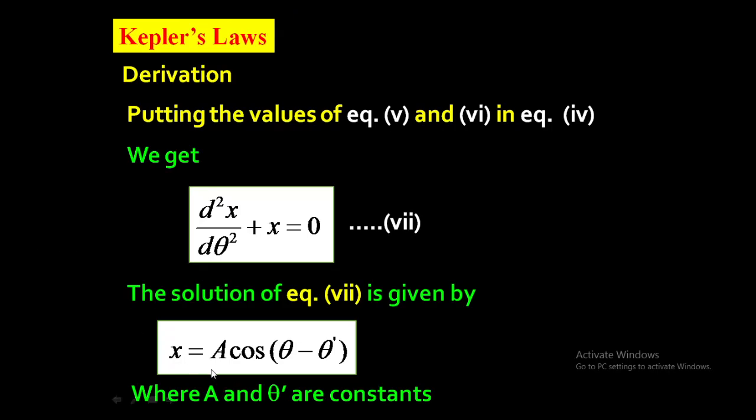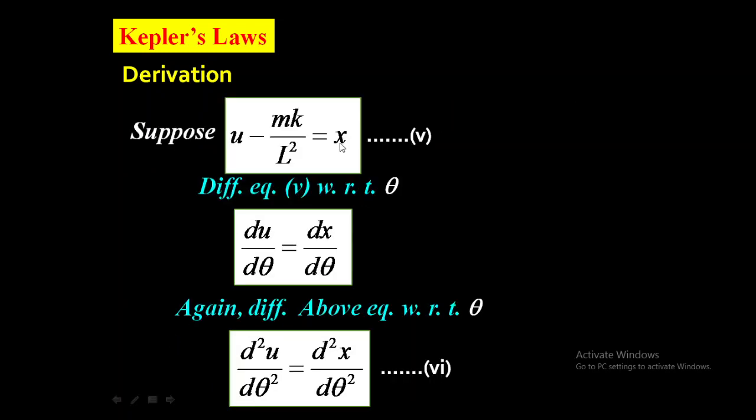The standard solution of this second order differential equation is x is equal to a cos (theta minus theta dash), and a and theta dash are constants. But we know the value of x from equation number 5: x is u minus mk upon L square.